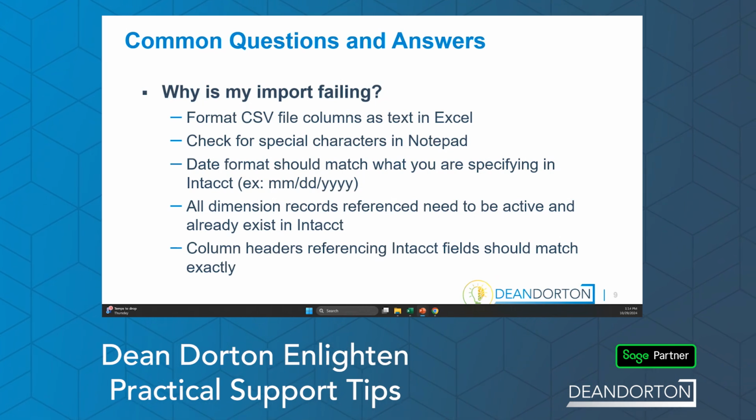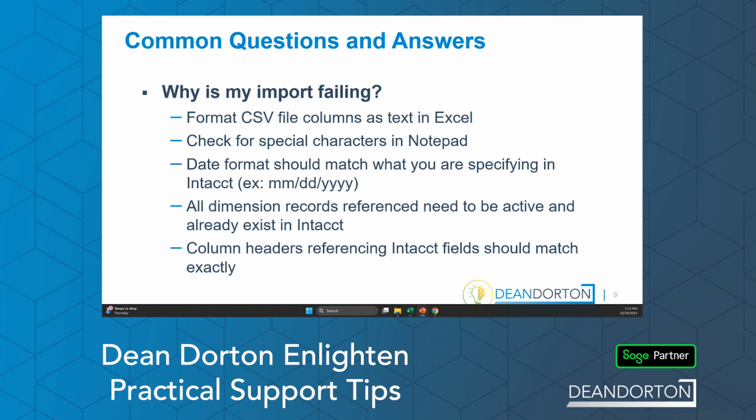But one of the first things I try to do is format the CSV file as text. So I would say most of the time you're not going to have a problem with this, right? Most of the time you create a CSV file in Excel and it works just fine.